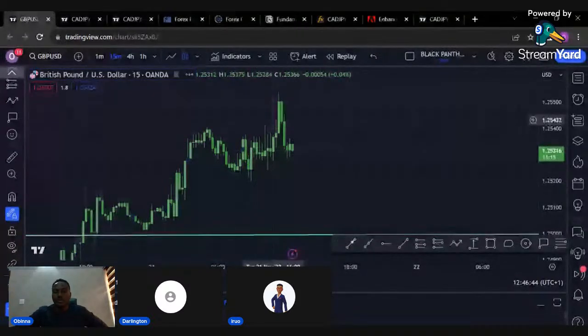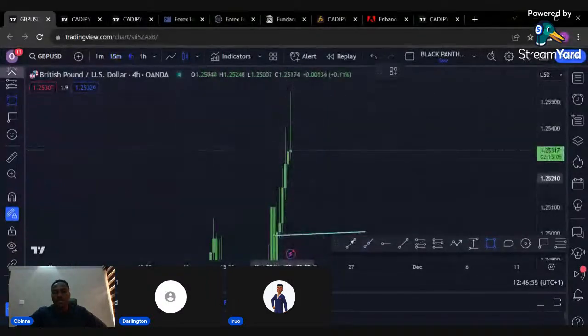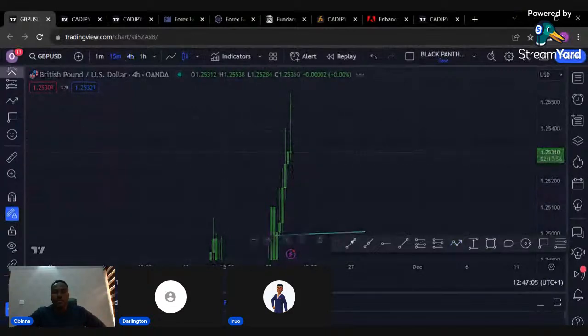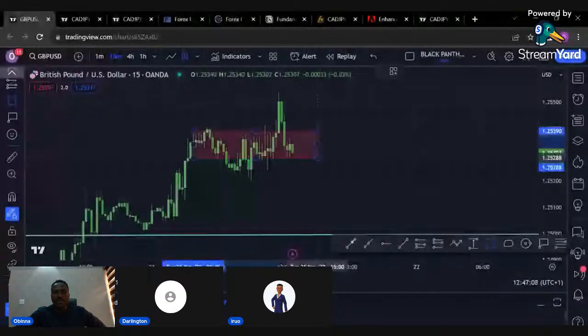So for me, I use more of the higher time frame. If price has pushed this much and I want to still take buys, what the 15 minutes is showing me is that in this area, for a long time, price is failing to continue to go up.